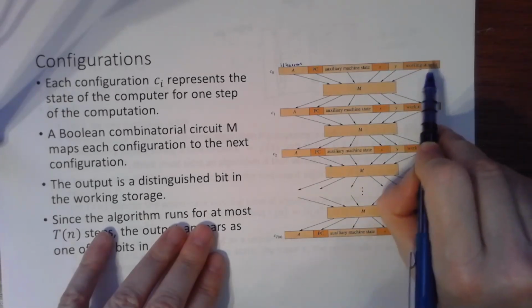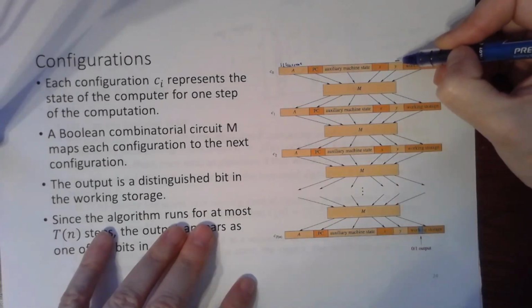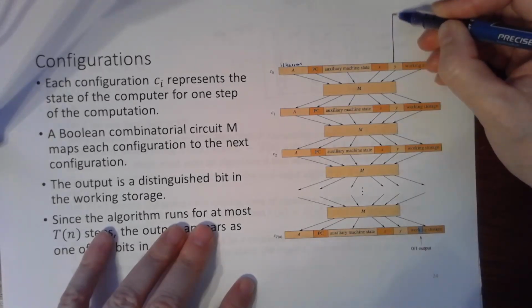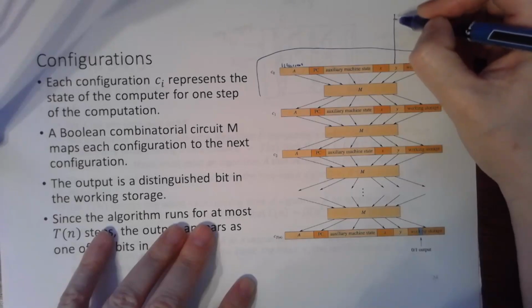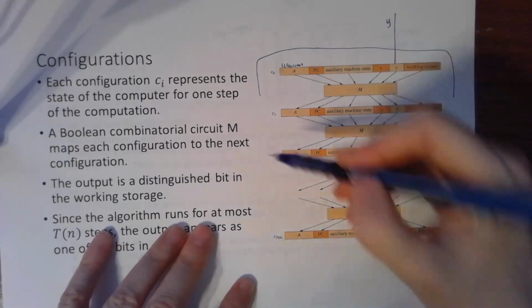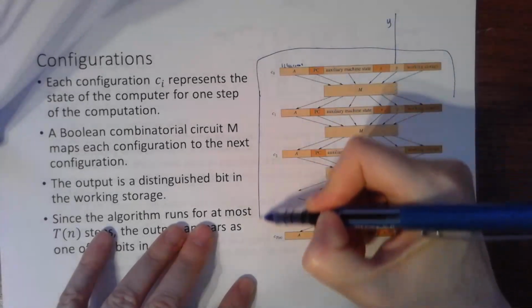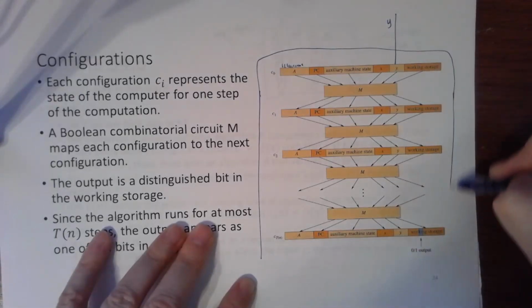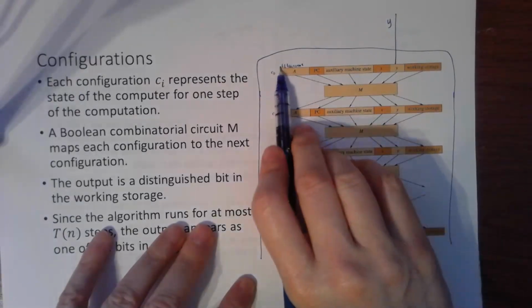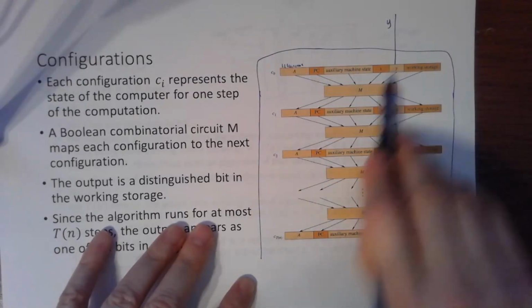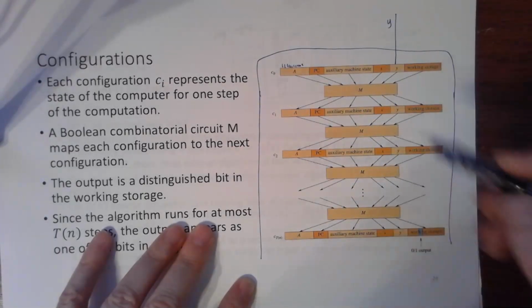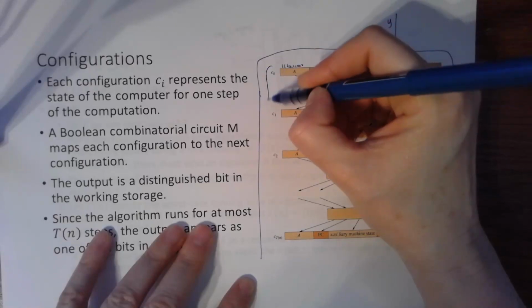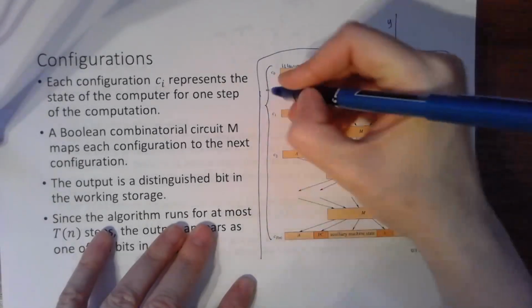The working storage: the only thing that's not hardwired in there is Y. So Y is going to come in as a separate input. So C prime is all of this stuff that's hardwired except for Y, and all these copies. So this part right here is C prime.